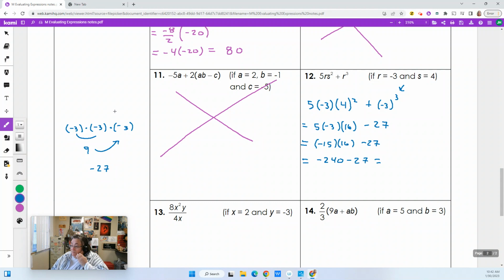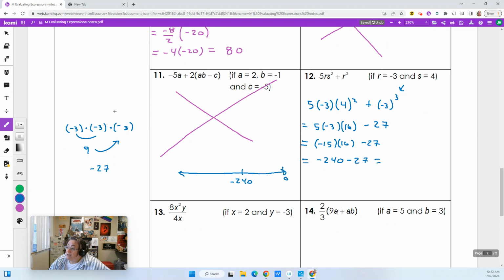So if you remember when we were talking about integers, if I have a minus and I subtract more from it, it's like adding those two numbers together and giving them a negative sign. Because if you think about it in terms of a number line, here on the number line is negative 240, and 0 is somewhere over here.